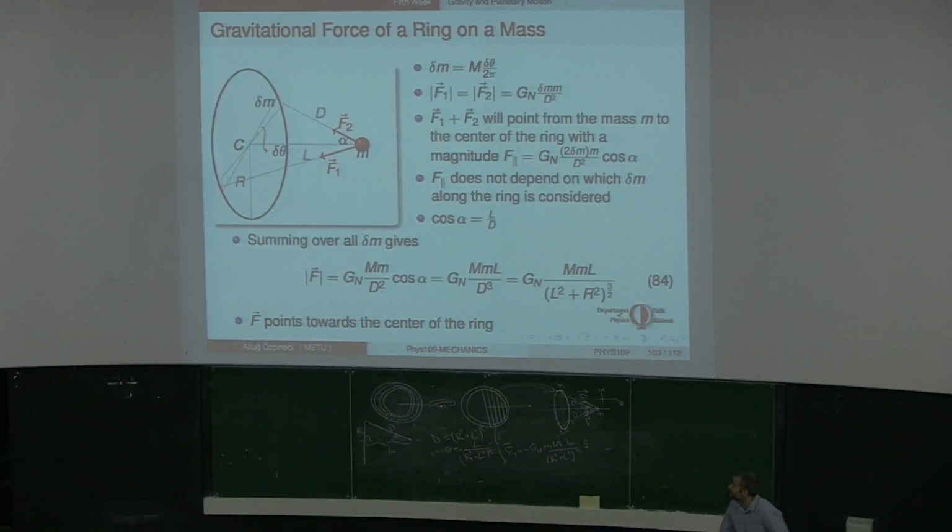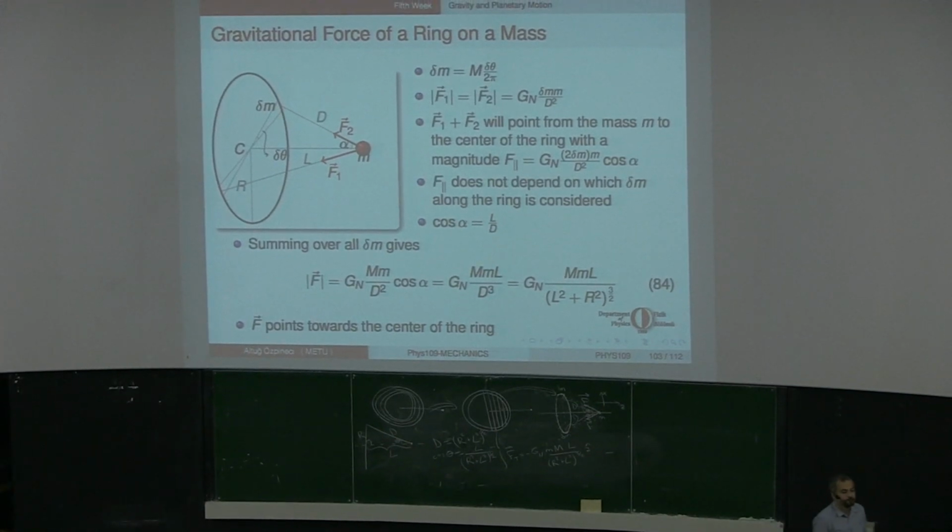So which limits do you think would be interesting? Okay, let me tell you one of the limits that would be interesting: the limit when the radius of the ring goes to 0. Because if the radius of the ring goes to 0, it just becomes a point mass.